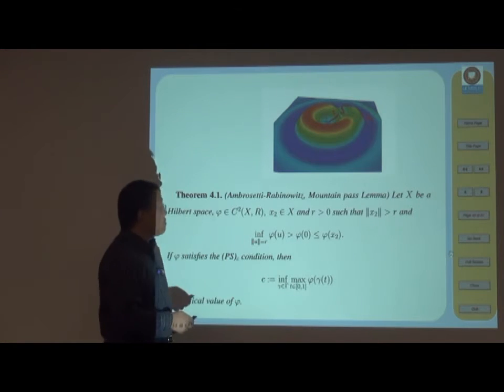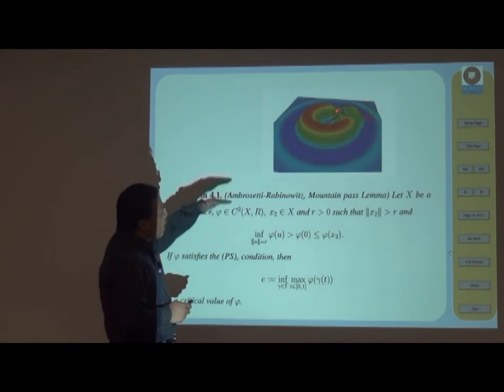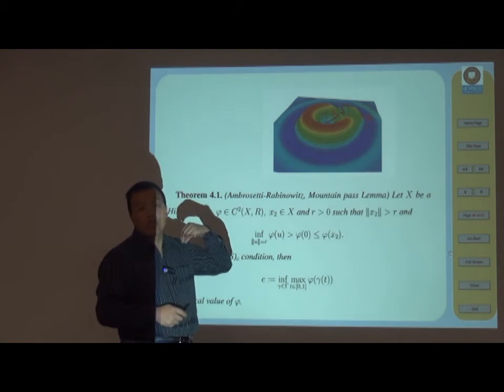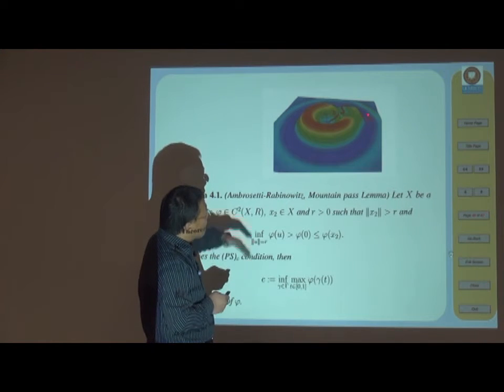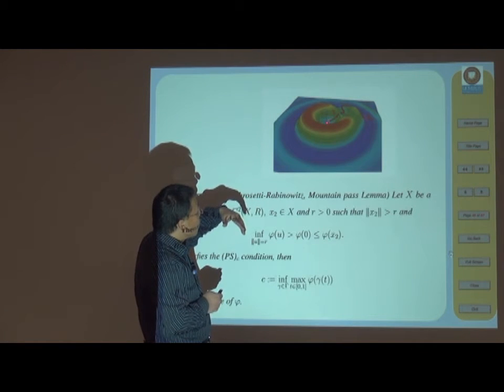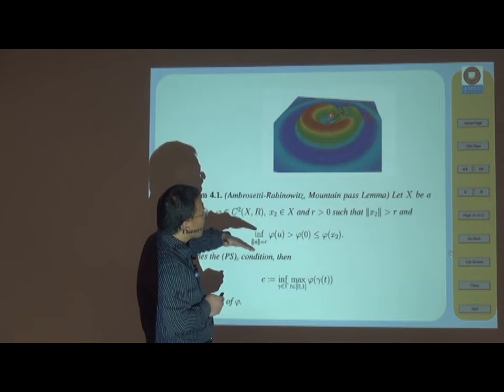If we choose different paths, the height of each path is different. For example, if you go from this to this, the height is here, and if you go from this point through this point to here, the height will be higher.